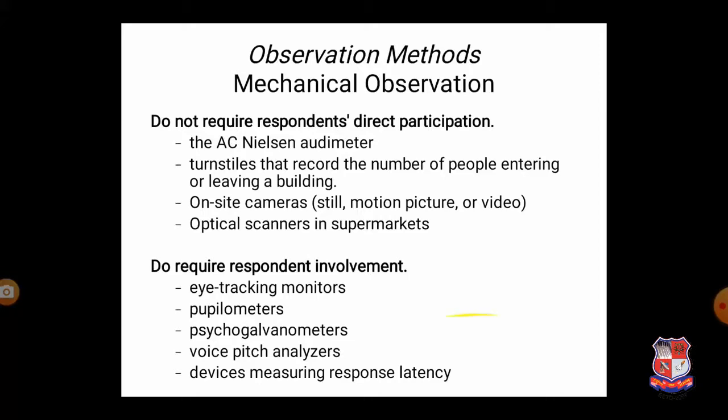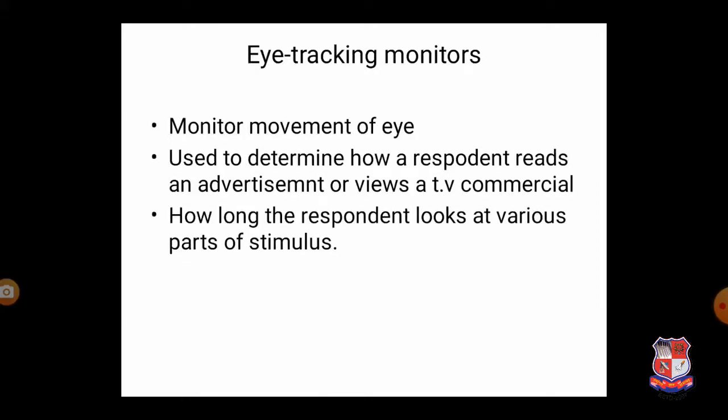Moving further, the first method that we are going to discuss is the eye tracking monitor. The eye tracking monitor monitors the movement of the eyes. Basically it is used to see how a respondent reads an advertisement or views a TV commercial. Using the eye tracking monitor we can understand how long the respondent looks at the various parts of a stimulus. Let's say, for example, it is used in retail stores, where there are many stimuli.